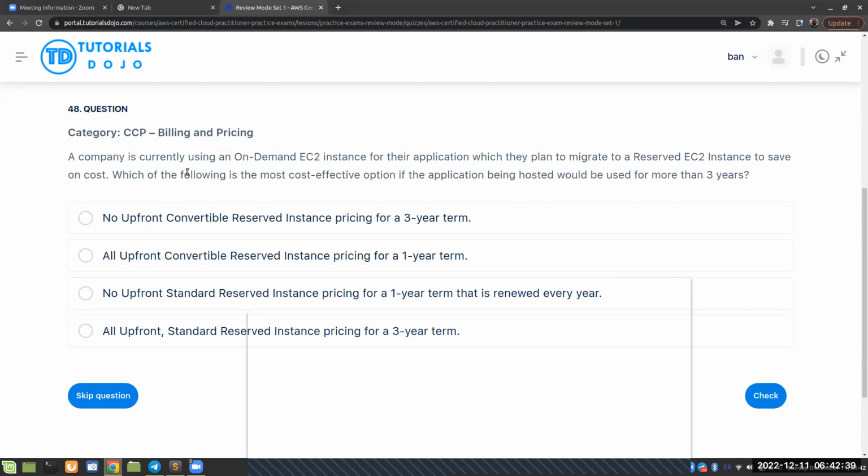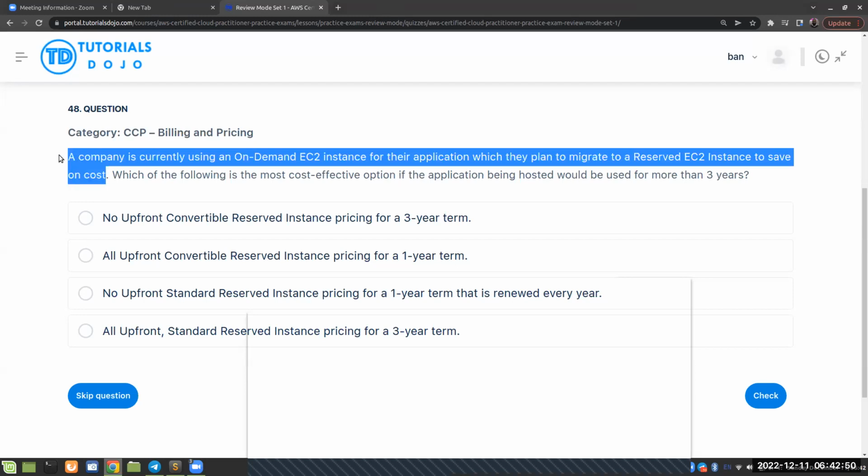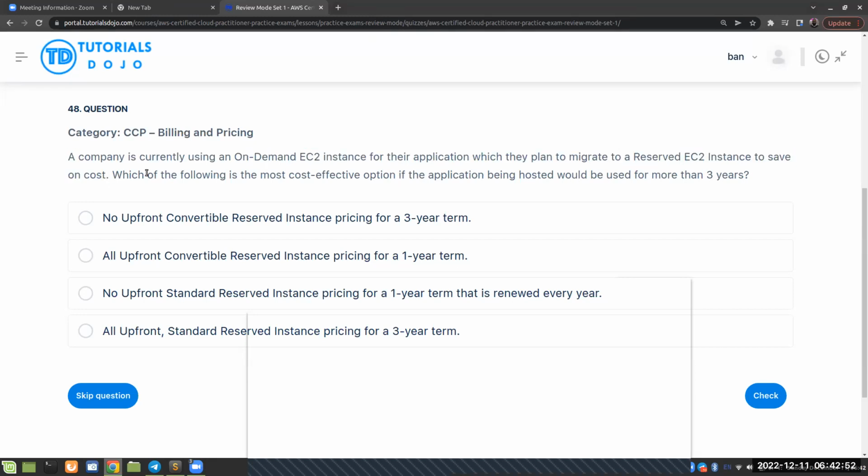A company is currently using an on-demand EC2 instance for their application, which they plan to migrate to a reserved EC2 instance to save on cost. Which of the following is the most cost-effective option if the application being hosted will be used for more than 3 years?